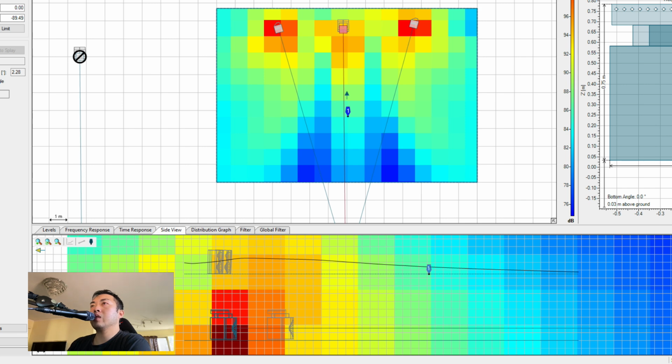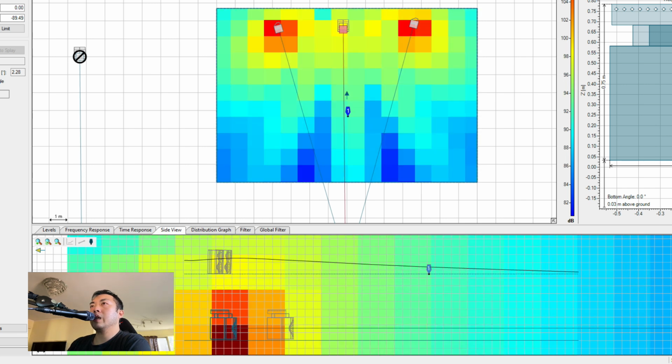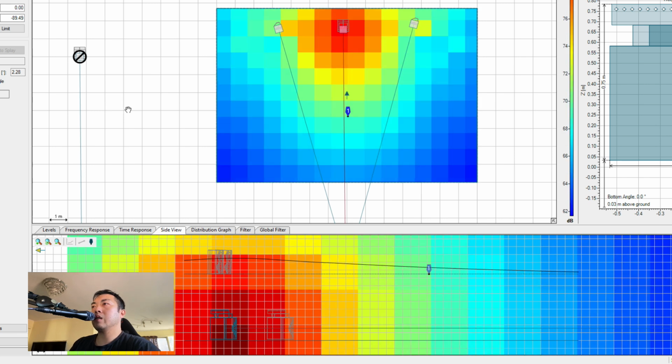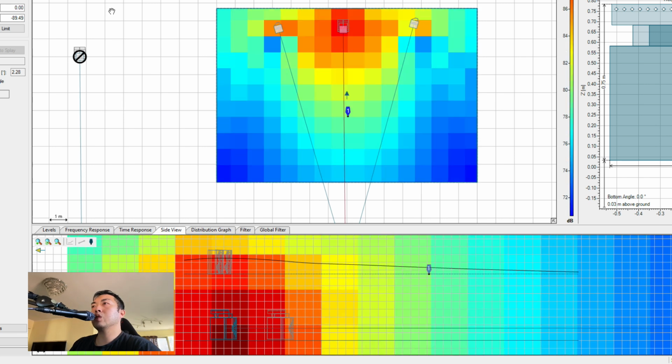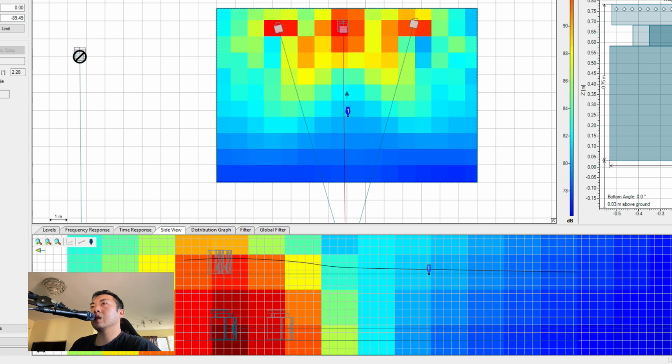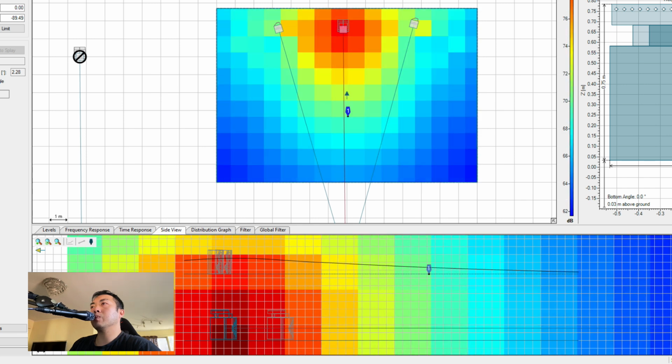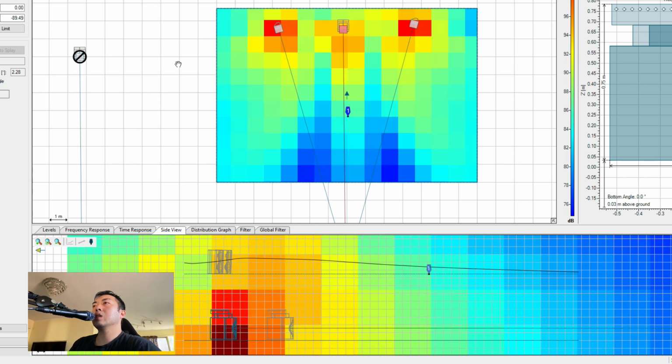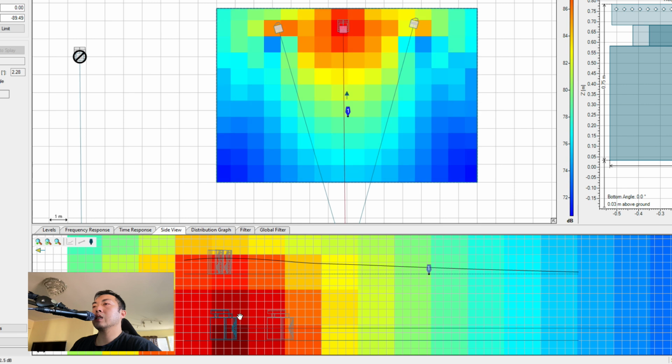Now, what that means is that as we go down, most of the lower frequencies, 63 hertz, are all being produced by the subwoofer until the higher frequencies start coming through, and you can see that from the bottom chart.